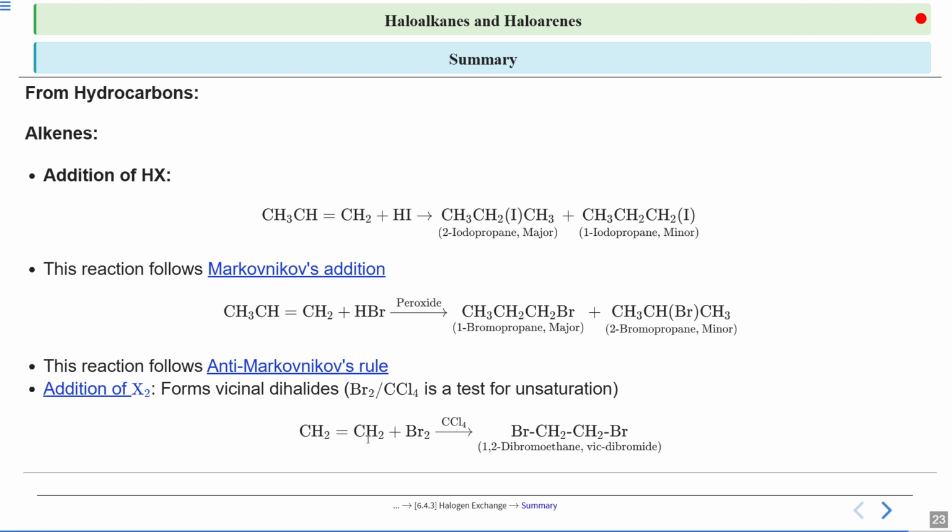So this is the alkene CH2=CH2 reacting with the bromine molecule in the presence of CCl4 and giving you 1,2-dibromoethane, which is a vicinal dibromide.